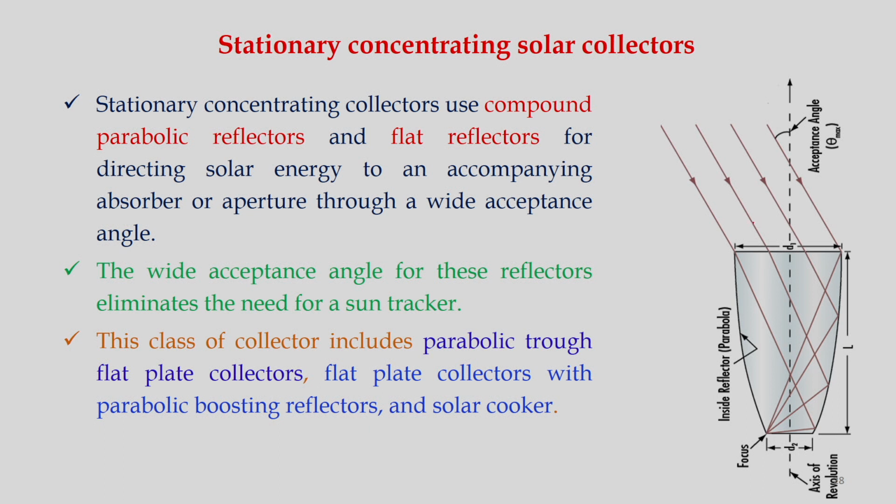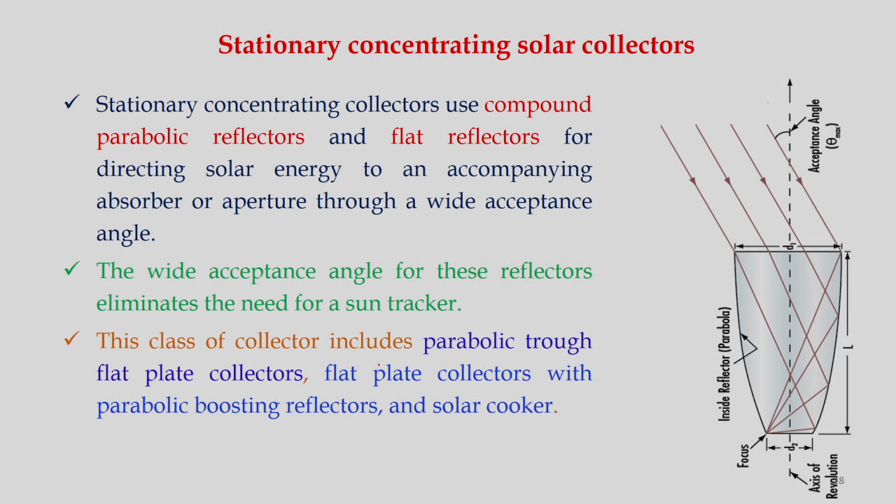As you can see, solar radiation falls here, okay, and this is like a compound structure. So, it is a wide acceptance angle, okay, and once radiation is introduced, it cannot go out, and that is utilized for energy generation. The wide acceptance angle for these reflectors eliminates the need for a sun tracker. Okay. So, sun tracking is not required.